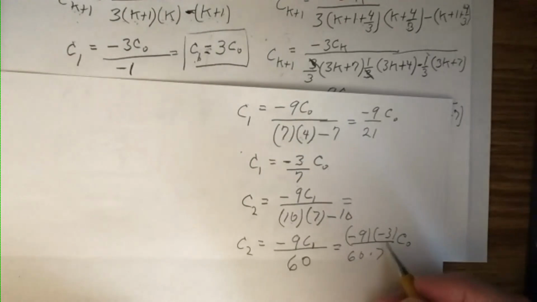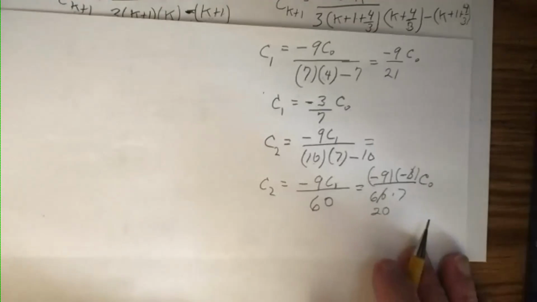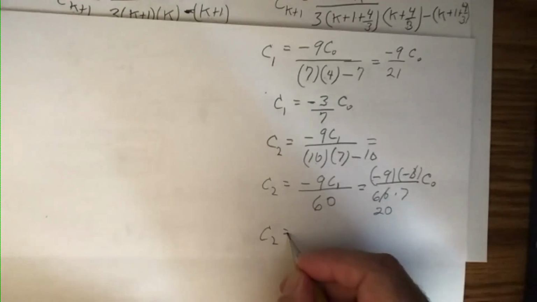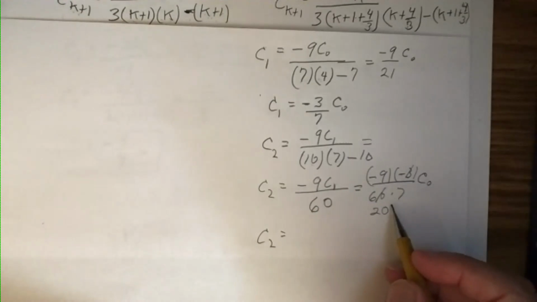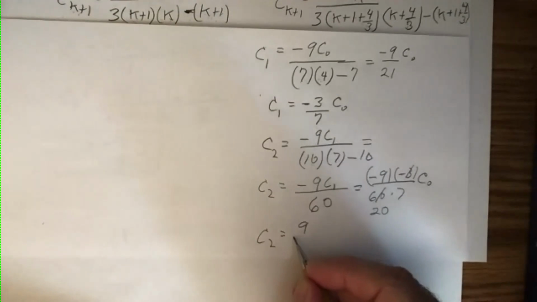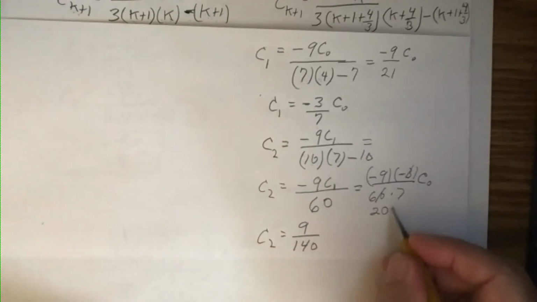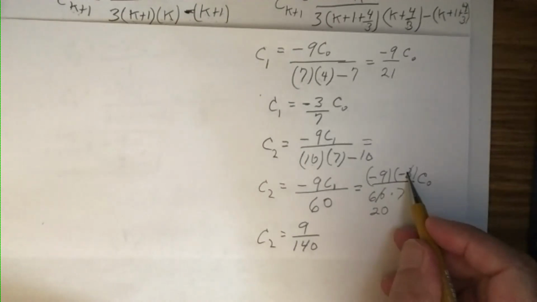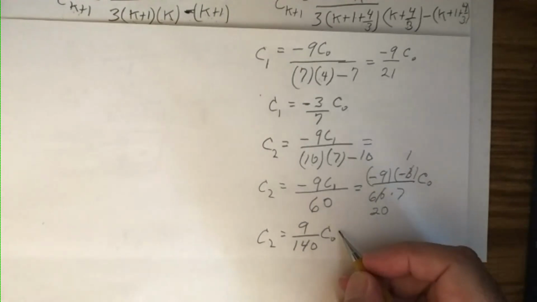So let's see, the 3 goes into 60 20 times. This becomes a plus. So I'm getting that C2 is equal to 9 over 140, since 20 times 7 is 140, C0, and it's plus.